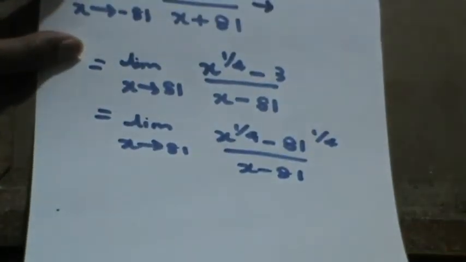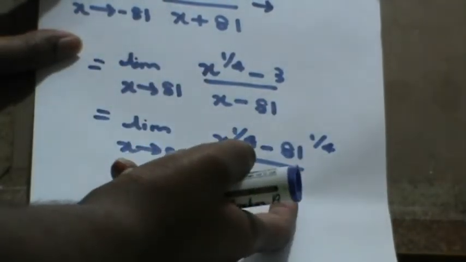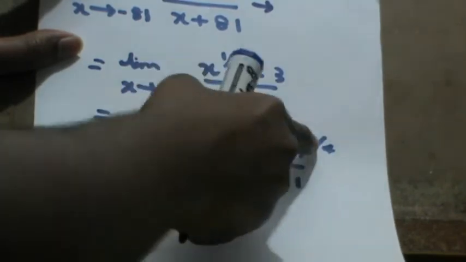So let's see what happens. The limit as x goes to 81 of x to the power 1/4 minus 81 to the power 1/4, divided by x minus 81. This is the value you will get when you simplify this. So x is raised to 1/4, and 81 is raised to 1/4. So these two powers are equal now.